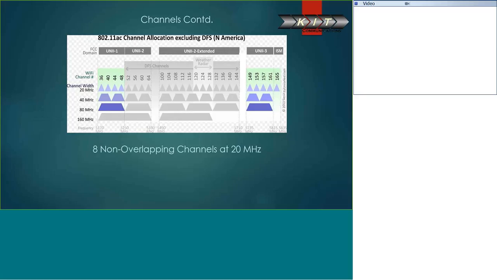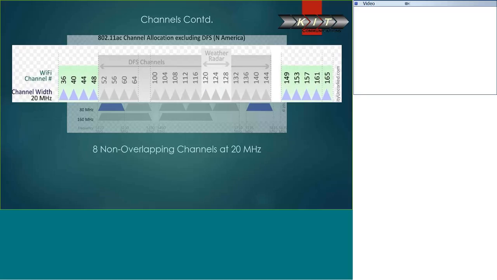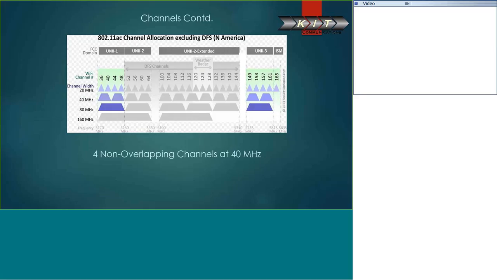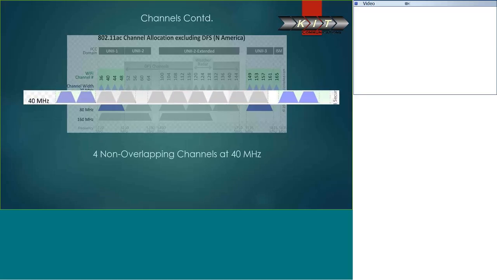So if we look at the 20 megahertz range, you can see here we have 8 non-overlapping channels to work with, which is great if we don't assume that we're going to use DFS channels. So plenty of channels to work with there. But now with 802.11 AC, you're moving in the direction of combining these channels, which means we are combining to 40 megahertz channels, and now we're down to just 4 non-overlapping channels, excluding the DFS channels.